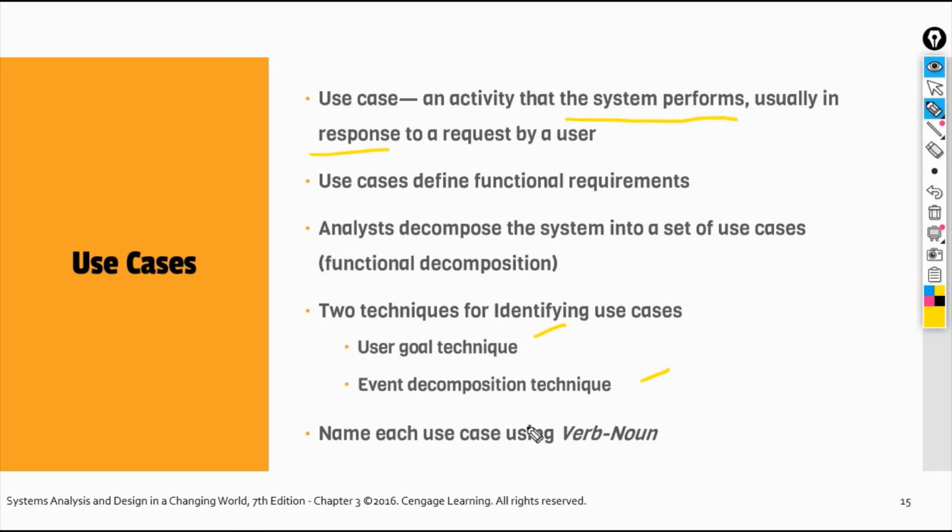Usually the developers interview all types of users and stakeholders and then make and refine notes about each use case. You can name each use case using a verb and a noun.